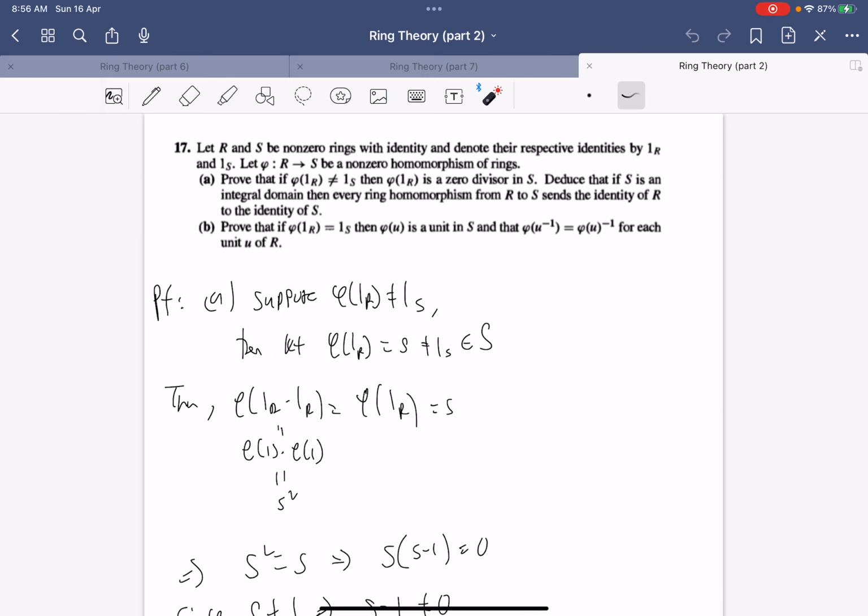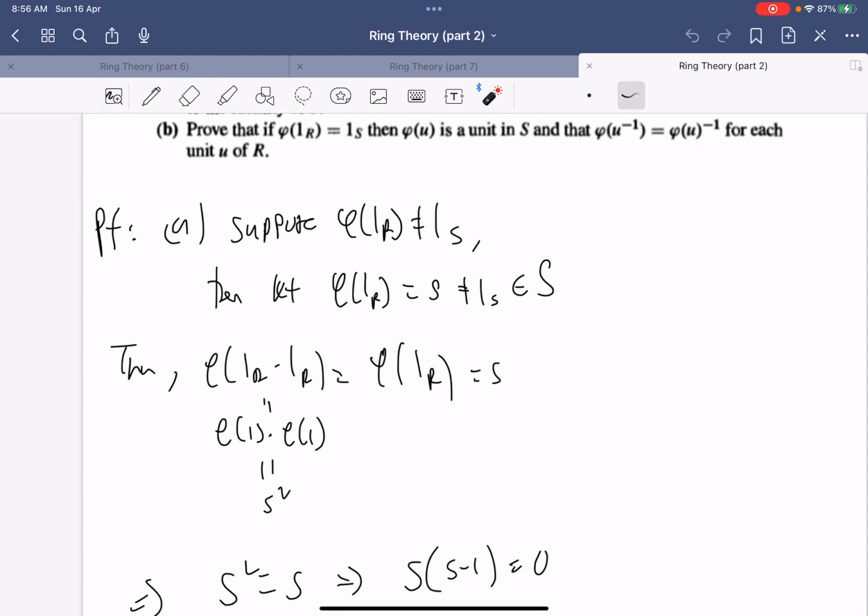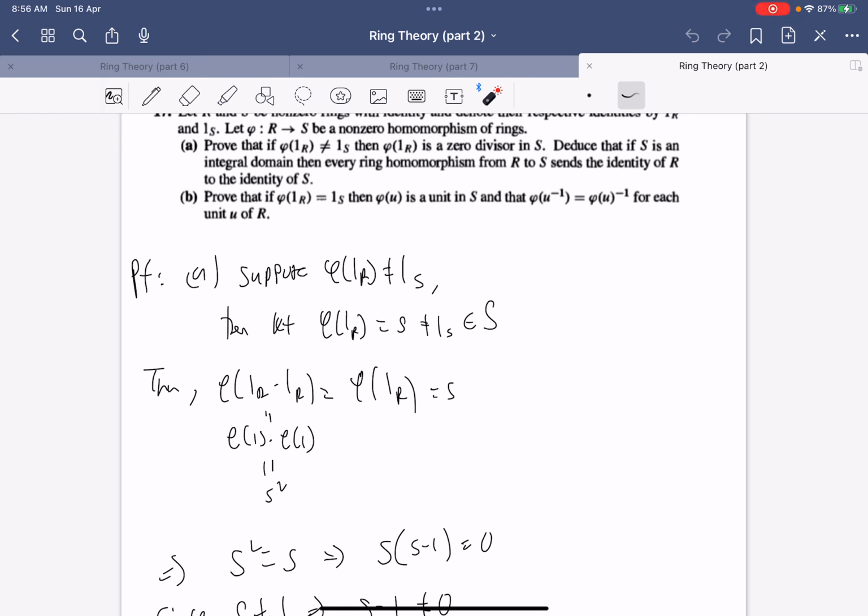And now let's do another question, and it states that if phi is a ring homomorphism, and this ring homomorphism doesn't send the identity to the identity, then it must send it to a zero divisor. And it's simple to see why. Because if it's not equal to 1, then it must equal some other element s. And so, when you take phi of 1 times 1, it must equal phi of 1 over here.